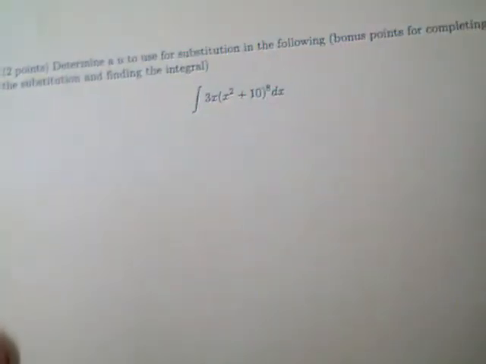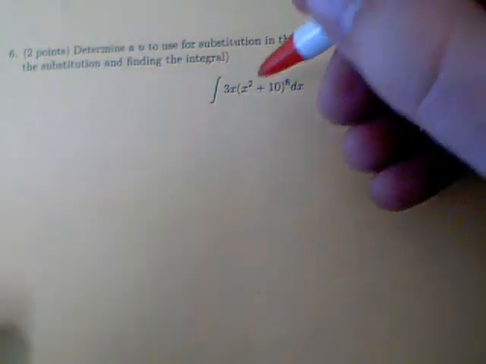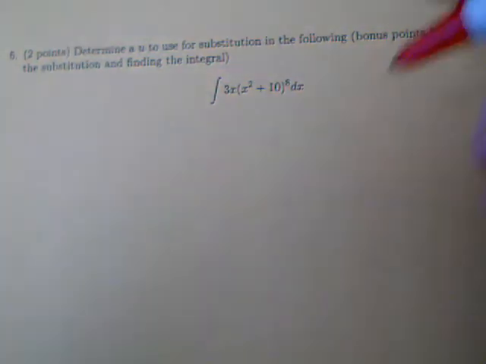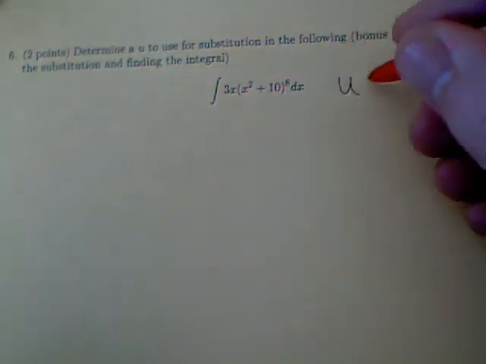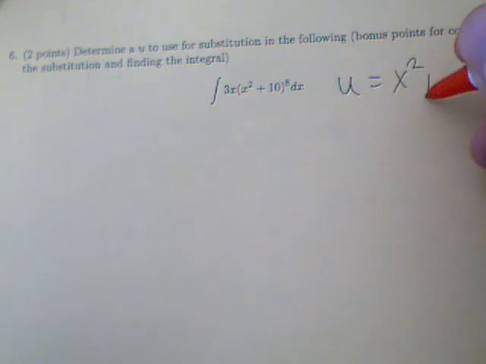And for this one, determine the u to use for u substitution here. So we didn't completely cover u substitution, so I didn't actually ask you to finish. But in this case, the u would be x squared plus 10. Okay.